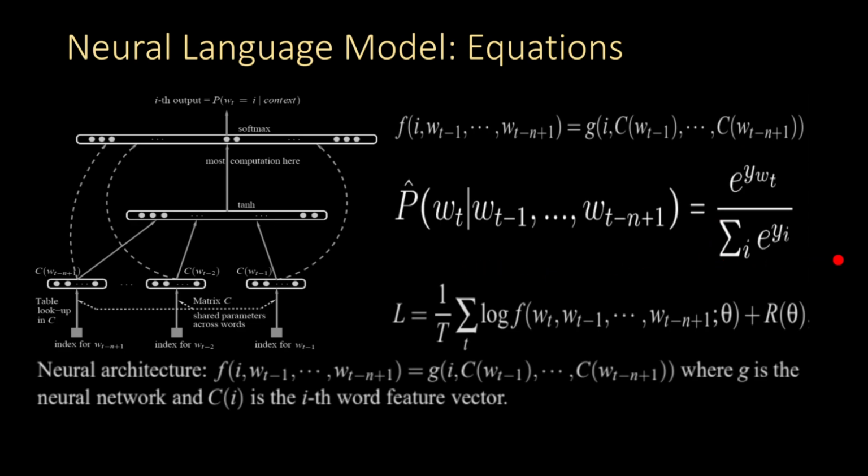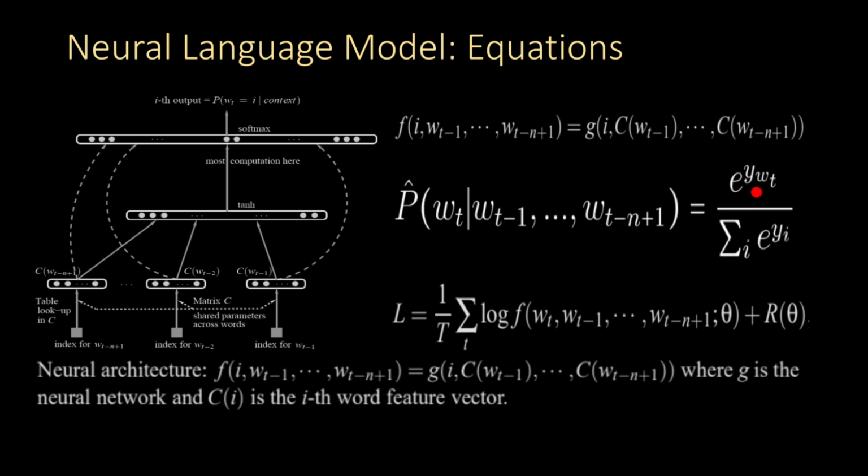The probabilities are computed by a softmax function, where the probability of w_t, the selected target word from the vocabulary, is conditioned upon the history of words as stated by the network. The output neurons each will have an output y.